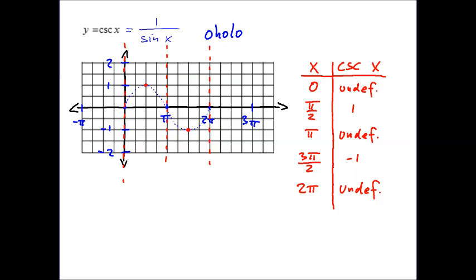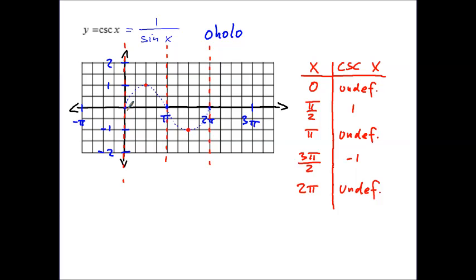And now let's think about what will happen to the cosecant for values that are between these key values. And again, we're going to take a look at the sine to help us out here. The sine goes from 1 and going towards 0, it gets smaller and smaller and smaller.